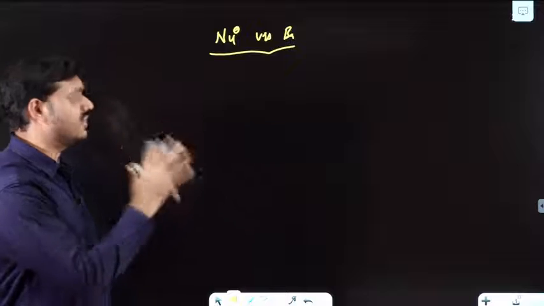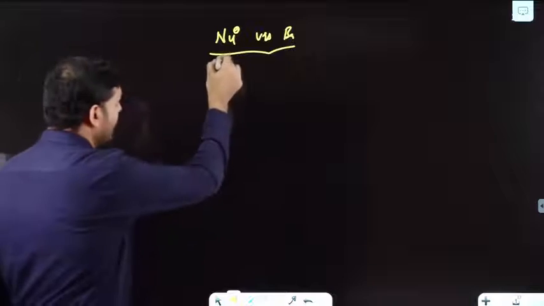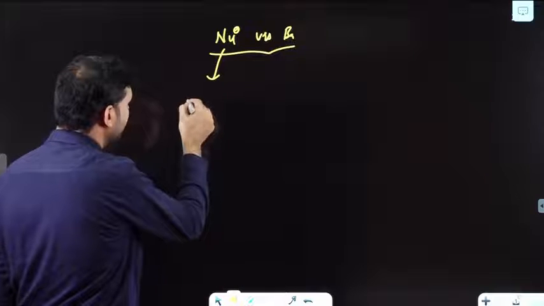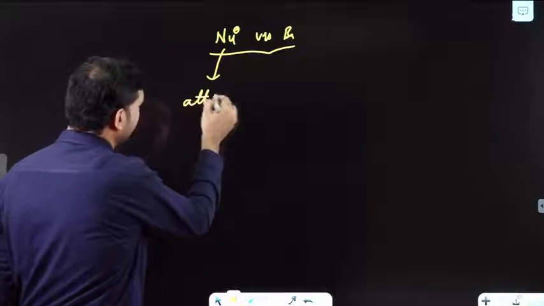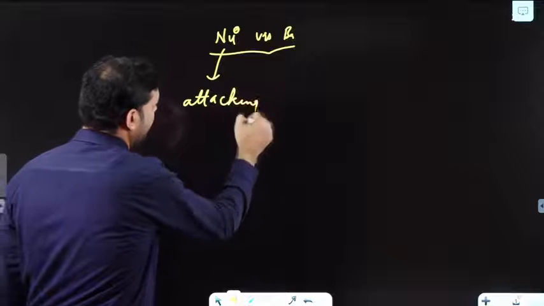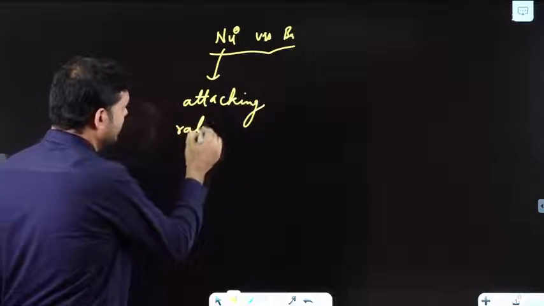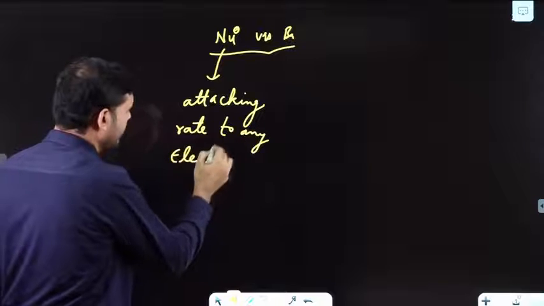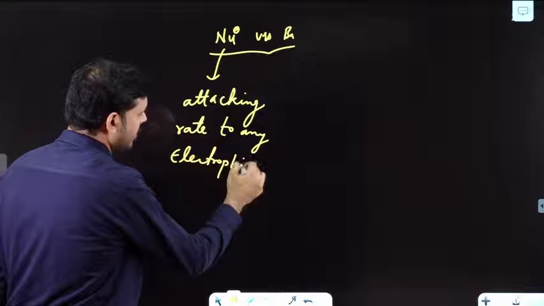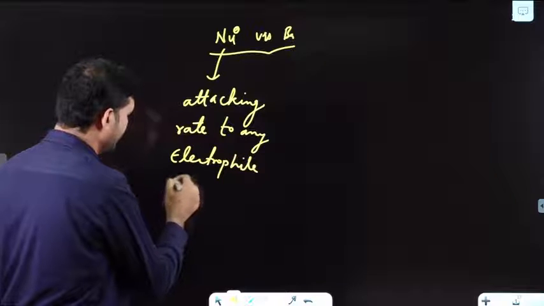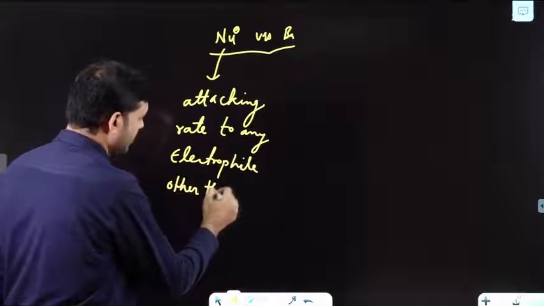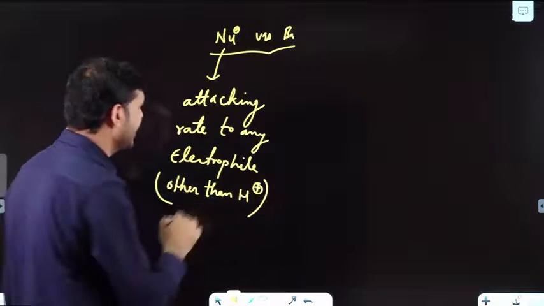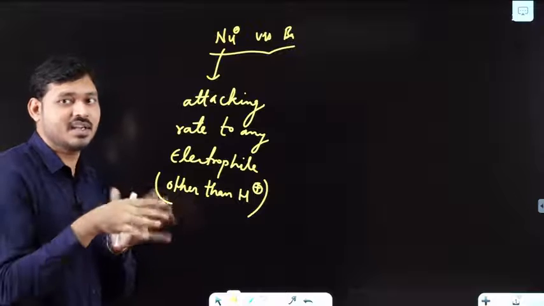So the basic difference is that nucleophilicity is about the attacking rate to any electrophile other than H plus. Okay, remember, nucleophilicity is about rate.